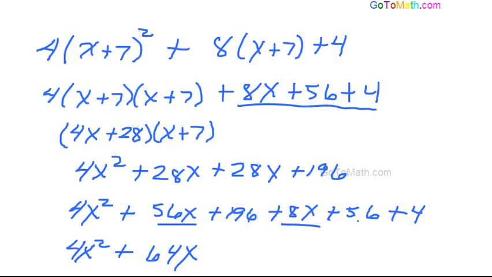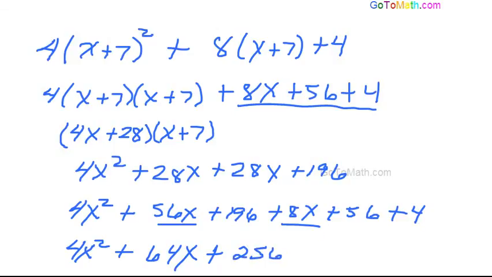We have 196 and 56, and that's 252. I need to go ahead and add the 4 to it. I don't know what I'm thinking there. Okay, 196, so that's 252, 256.